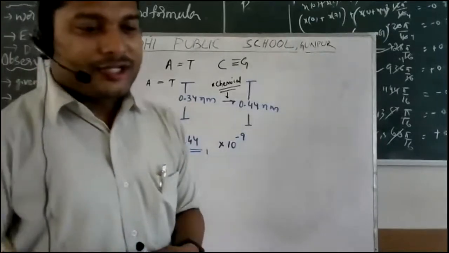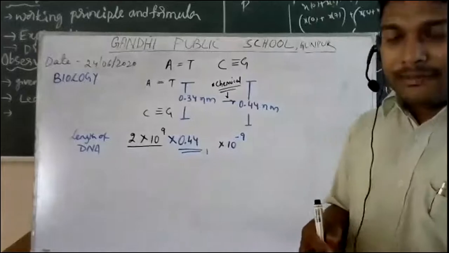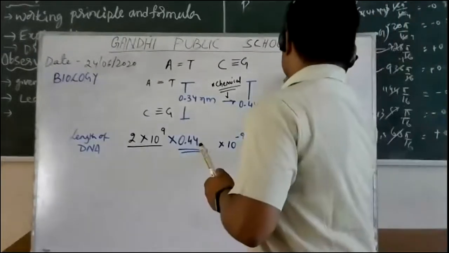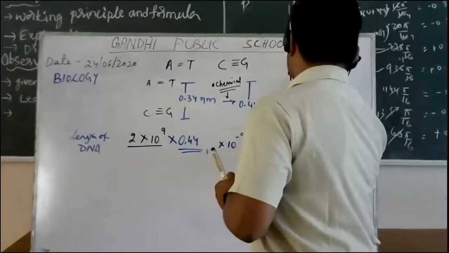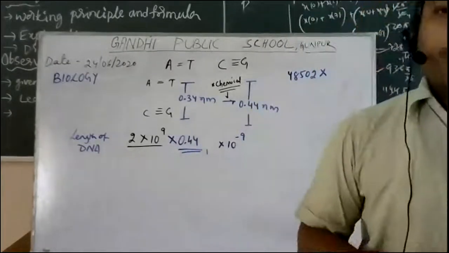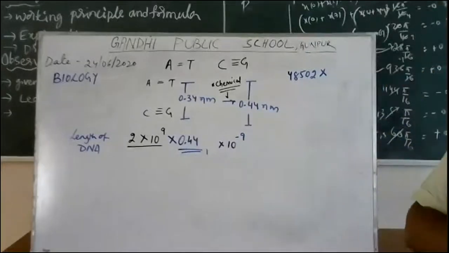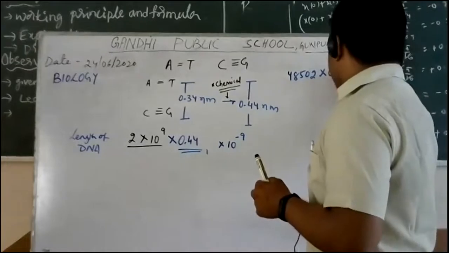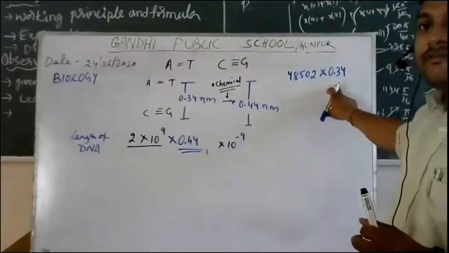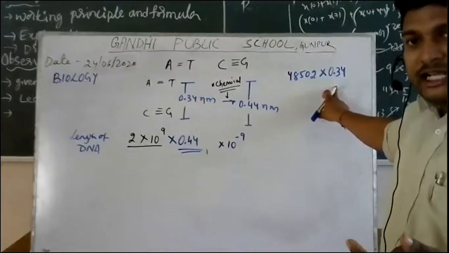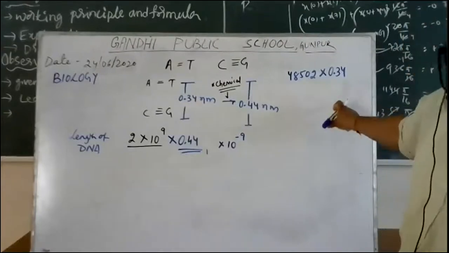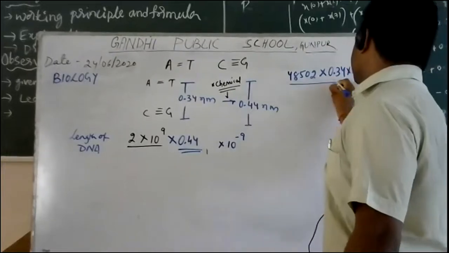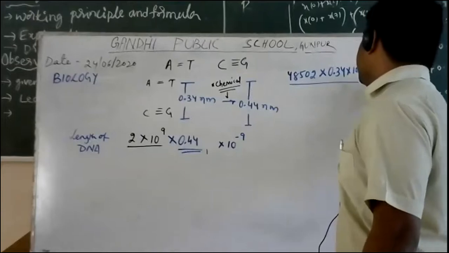Again, here what we have to do is take the number of nucleotides, that is 48,502, and multiply that with the distance between the base pairs, that is 0.34, and we know that it is in nanometers, and they're asking the answer to be in meters. So you have to multiply this with 10 power minus 9. Whatever answer you get will be expressed in meters.